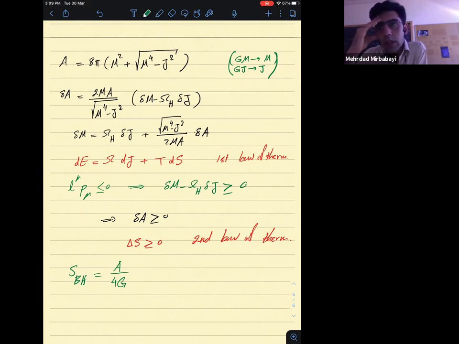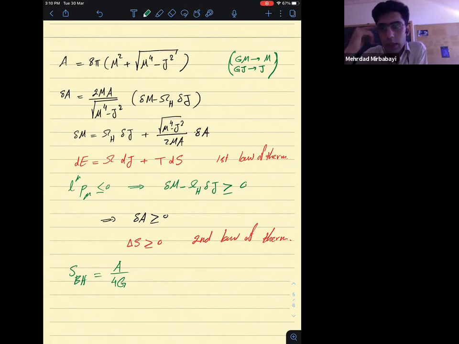What Gibbons and Hawking did was calculate that path integral, which we call the partition function because if you do analytic continuation to imaginary time, the Wick rotation, it becomes closely related to the partition function.